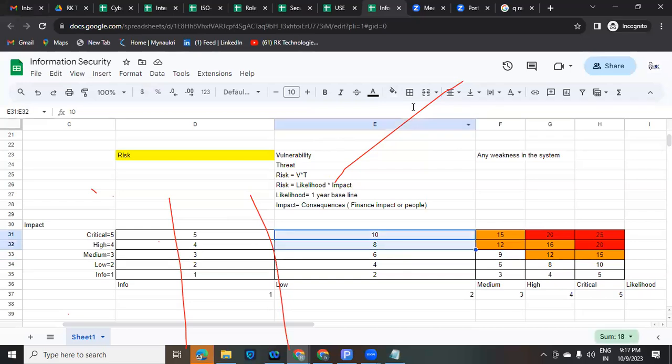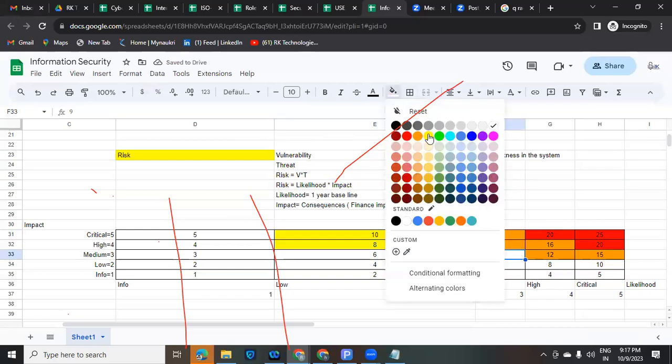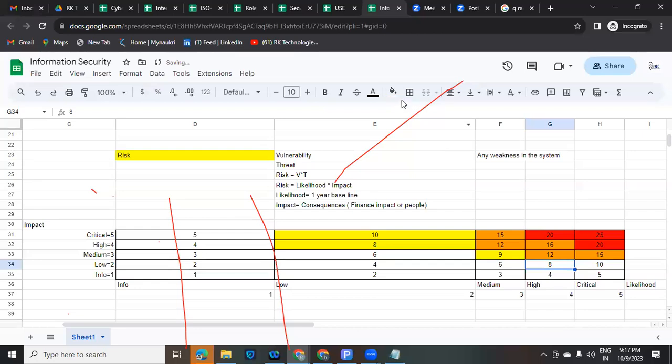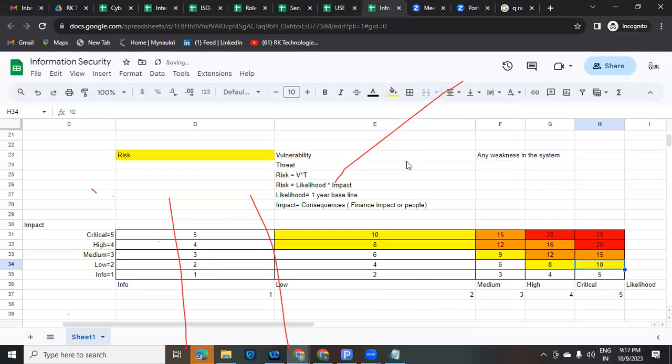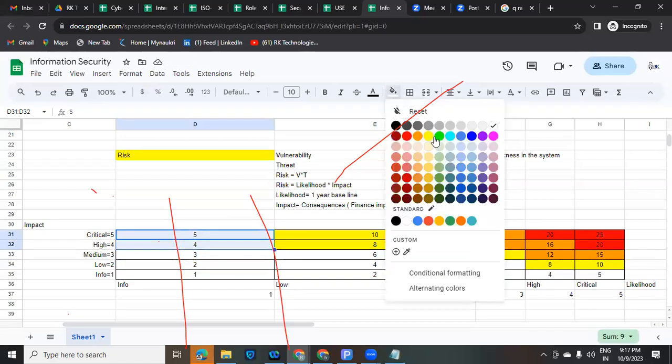Next one is medium: 10, 8, 9. I will represent it with yellow. Next one 8 and also 10. It's a medium risk score after calculating likelihood into impact. And the next one is 5, 4, 6.